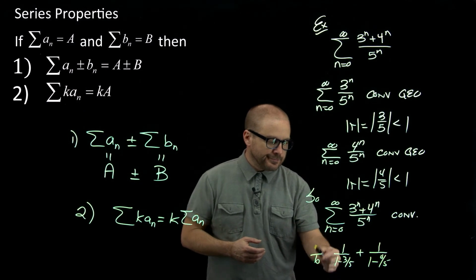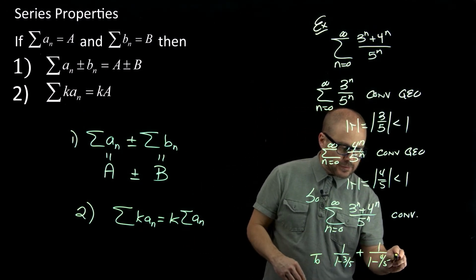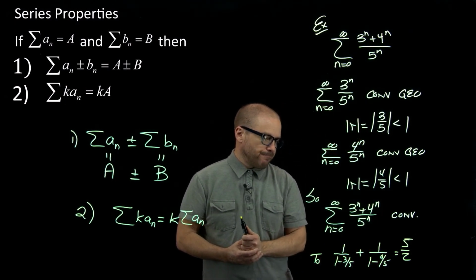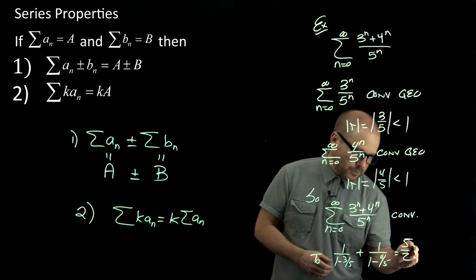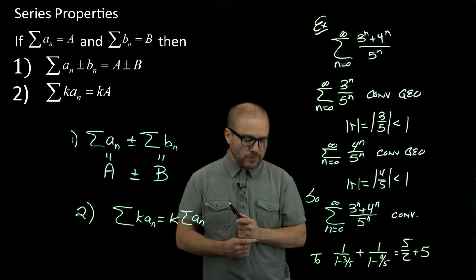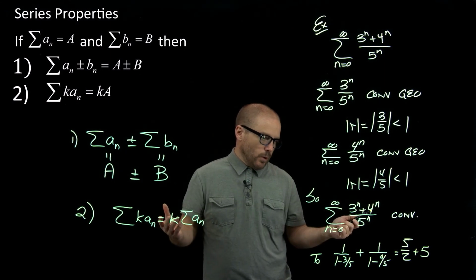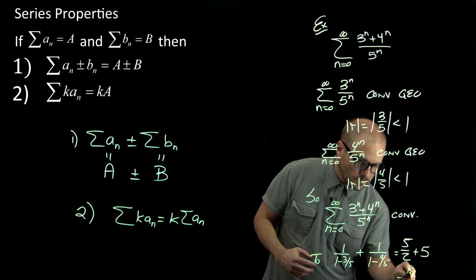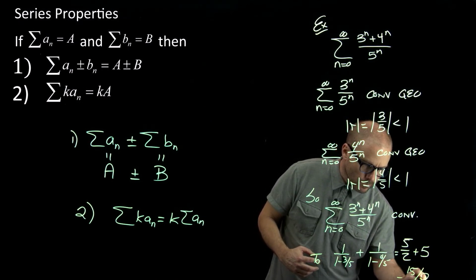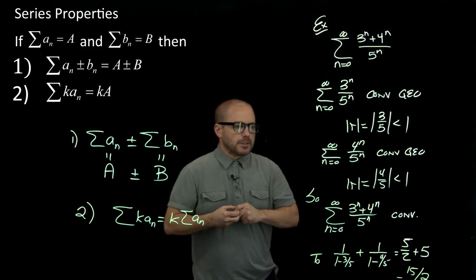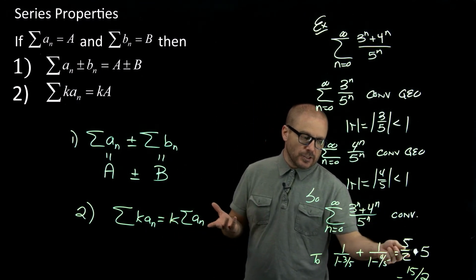So what is that? 2/5 flipped is 5/2. And what is that? 1/5 flipped is 5. So we have 5 plus 5/2, or 15/2. So we won't always be able to do that, but in this case we could actually give the sum.